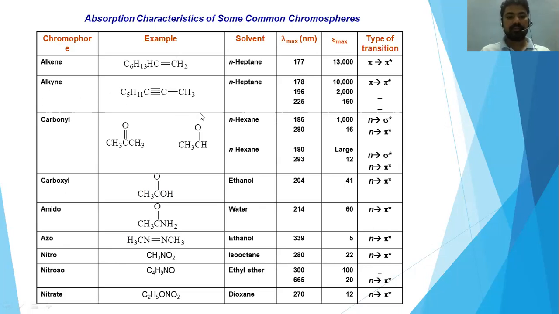Similarly, if we go for the example of alkynes, they also undergo the π to π star transition. For example, take a molecule C7H12. How many carbon atoms? These are 5 carbon, 6, 7 and 8, sorry, 8 carbon atoms.